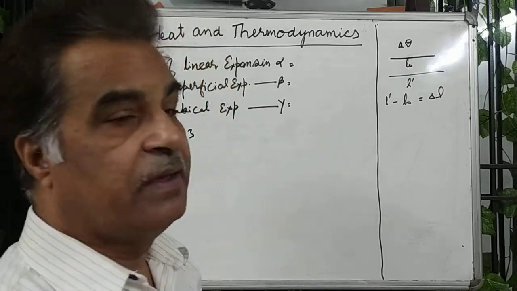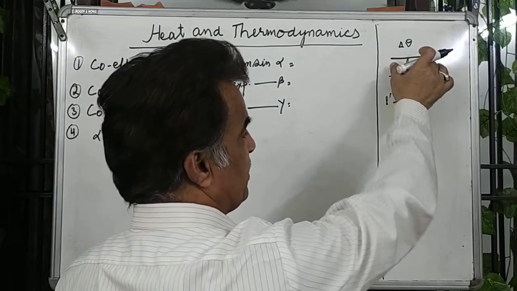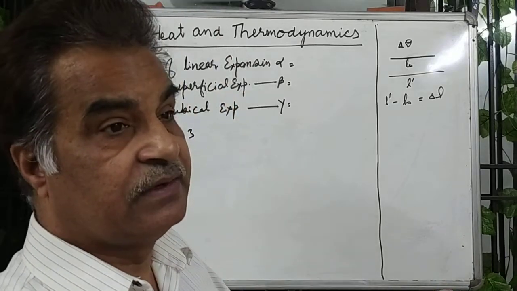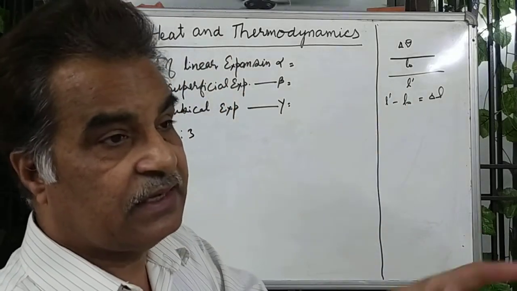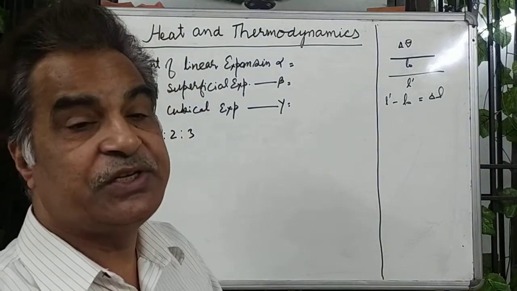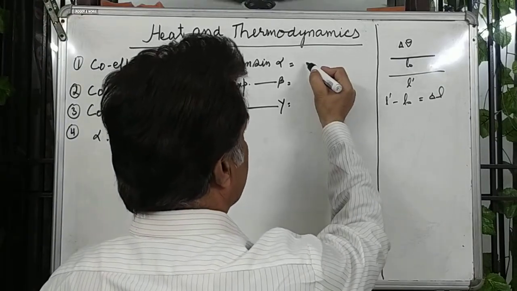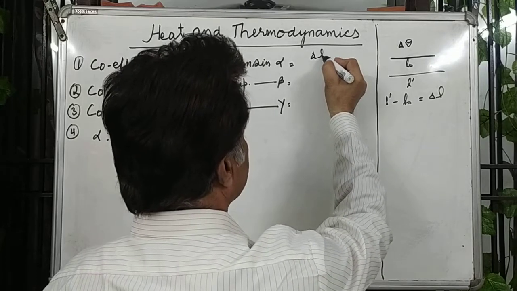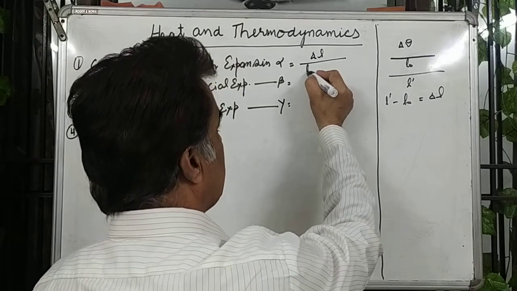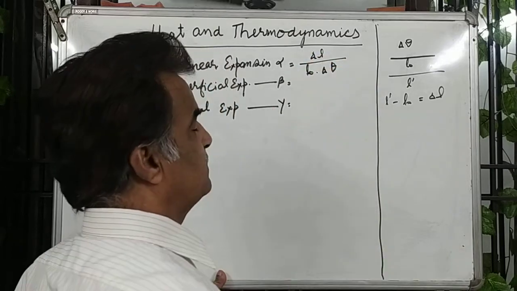So what is the meaning of alpha? On unit length and unit increase in temperature, the change in the length is called coefficient of linear expansion. So by definition, alpha is the change in length per unit original length L naught and per unit change in temperature delta theta.